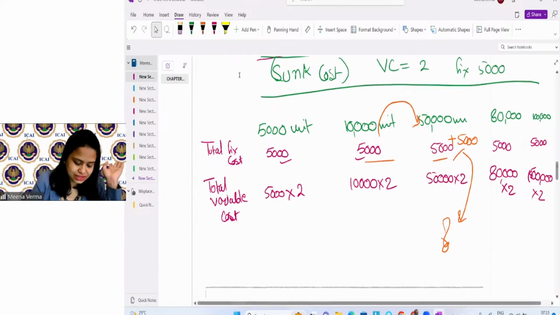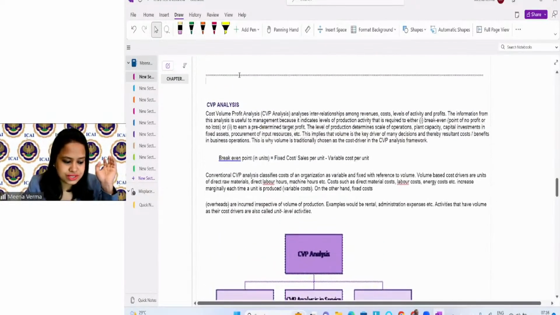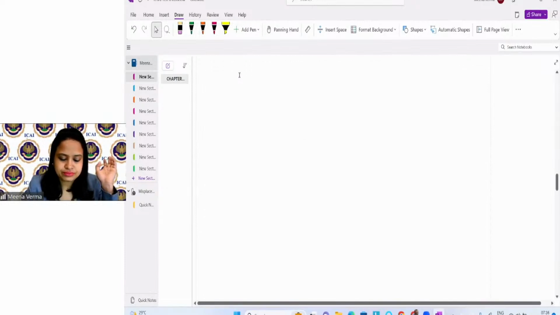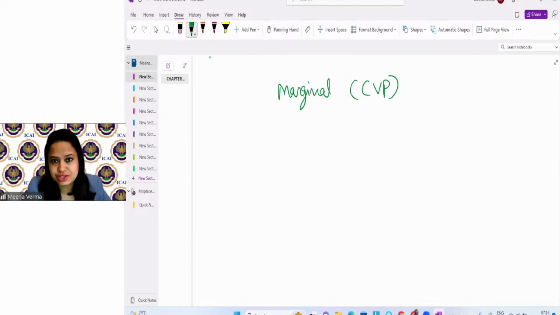You will see here that we are actually doing the questions for decision making. Now we have just discussed that we consider marginal costing or CVP analysis here for decision making.